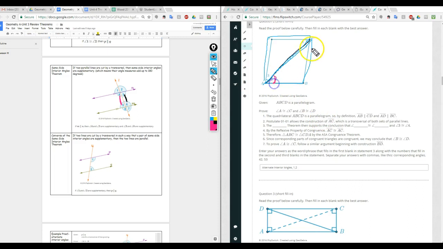Its corresponding angle was angle 1, the one that was the exact same measure. There's its angle. The side that they're talking about is the side that they share, AC.